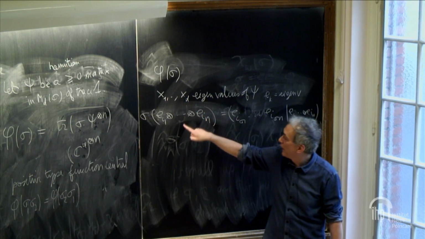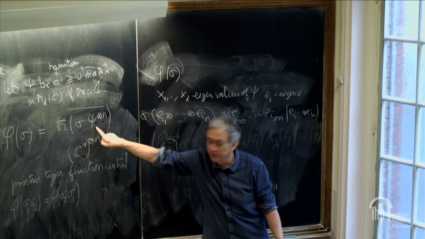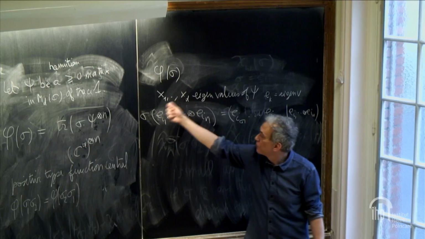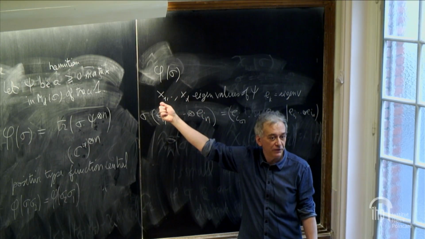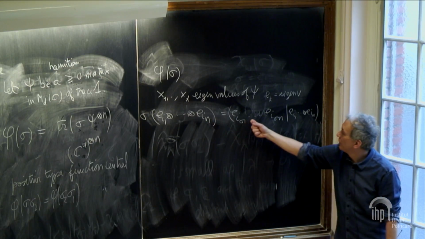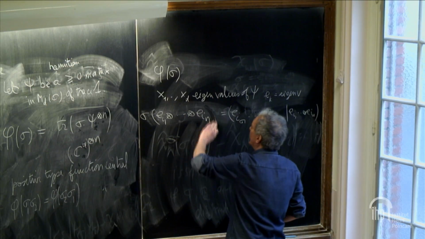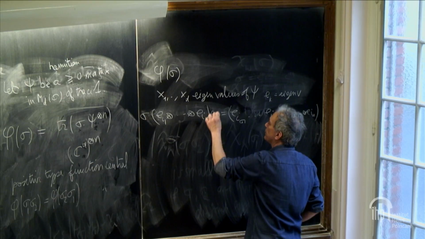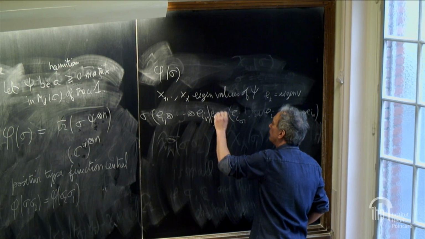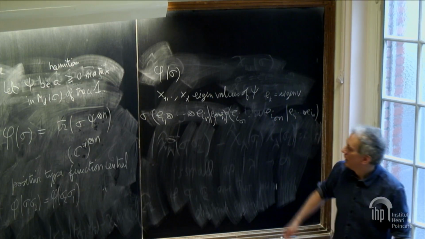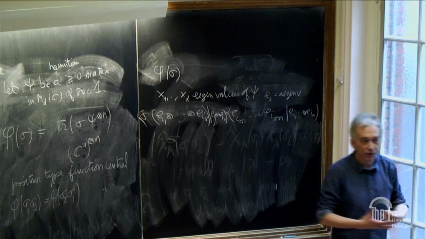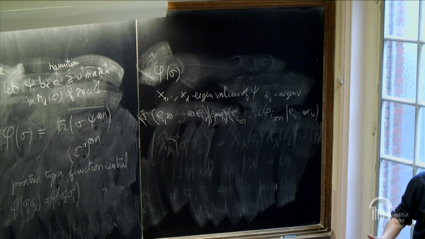Because the e's are the eigenvectors of psi. So when I apply psi, I multiply such a vector by some factor, which is here. And when I compute the trace, of course, I have to take all these basis vectors, compute all these inner products and take the sum, because this is a trace, okay?